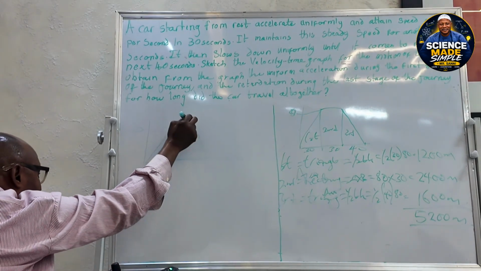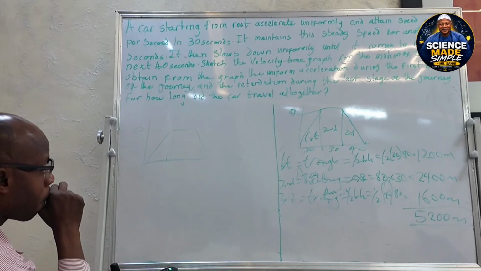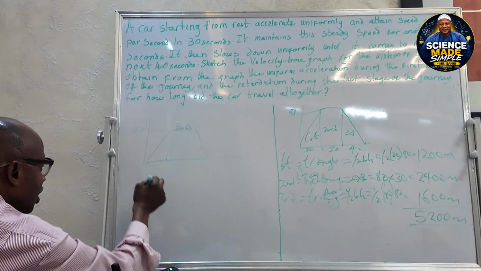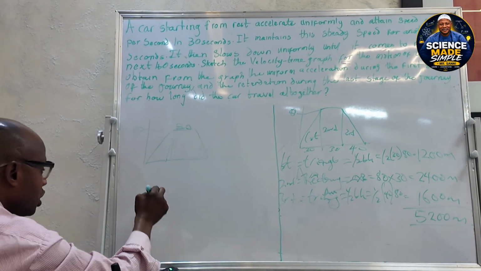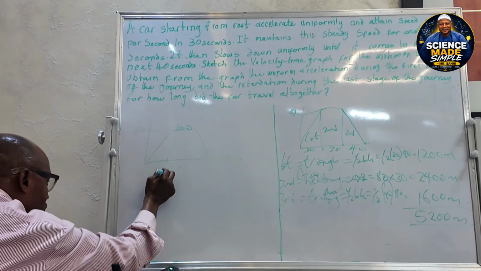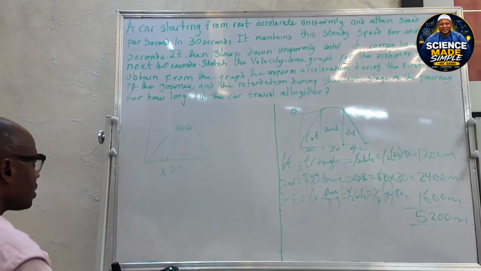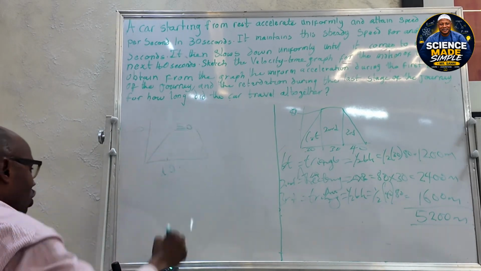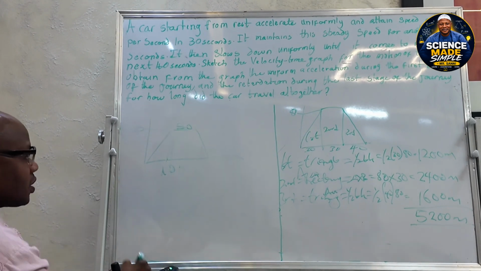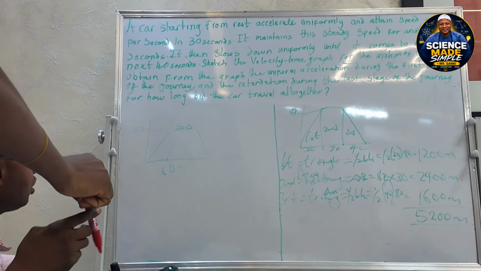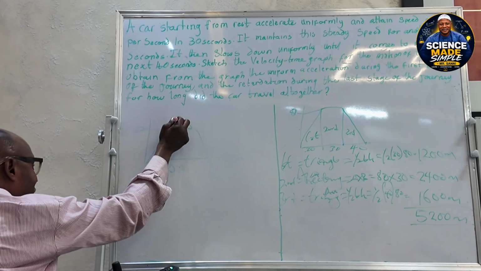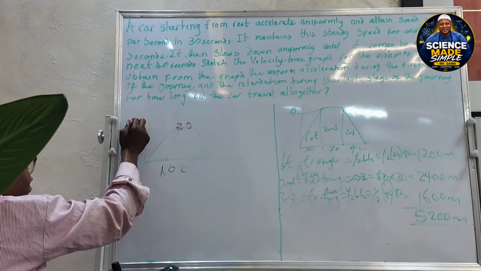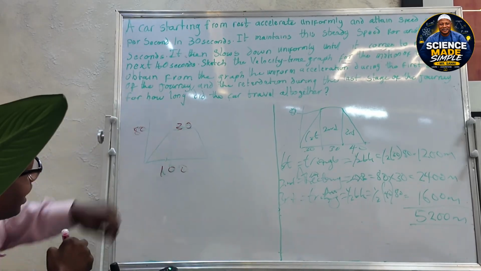The distance here from here to here is 30, while the total time here is 100. The height is 80. This place is 30, and we have 100 here, and 80 here. This thing looks like a trapezium.